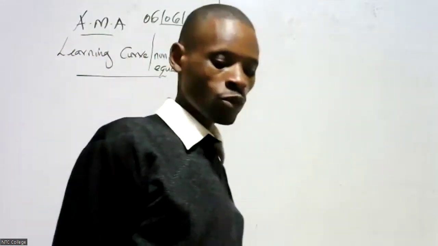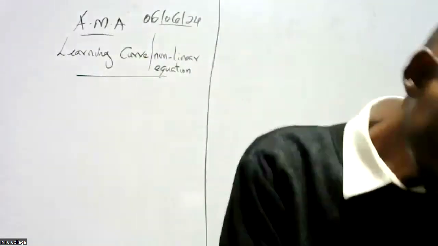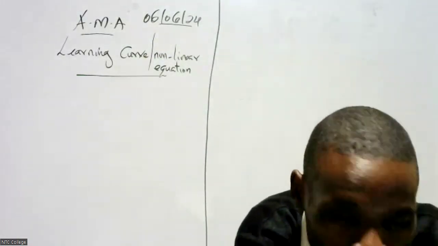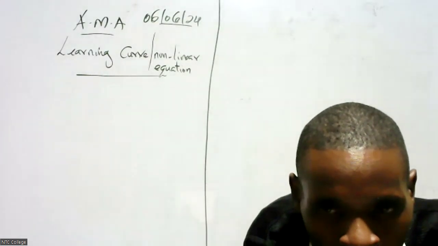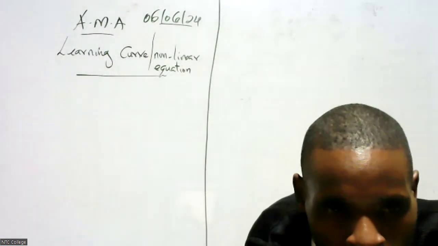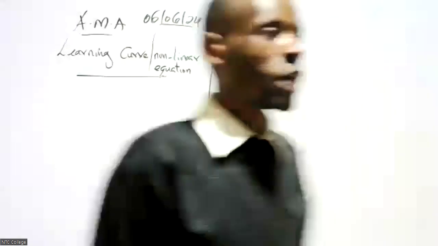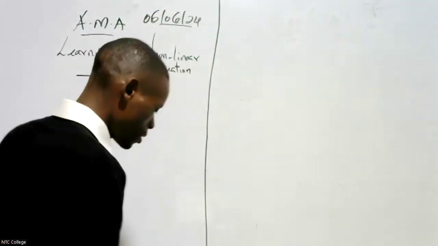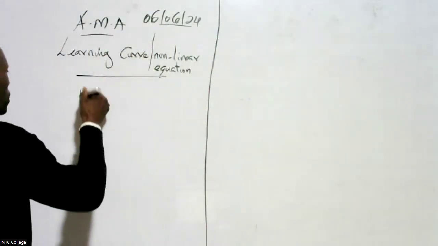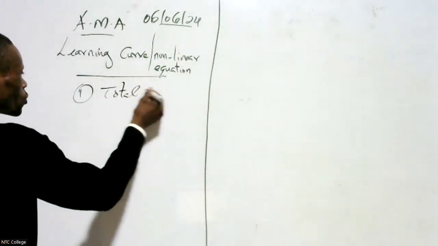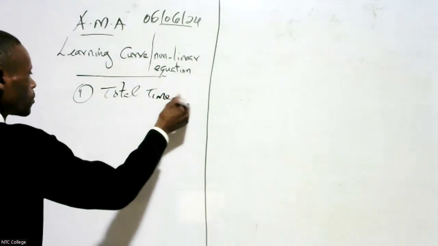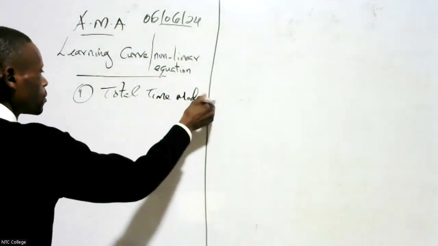So you say there are two types of learning curve models. Number one is the total time model.